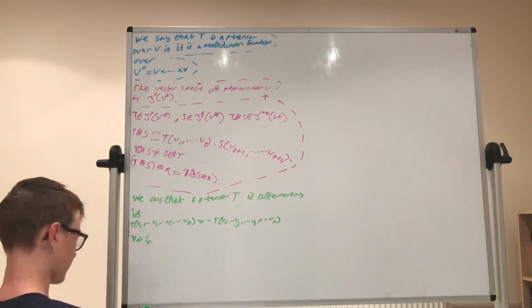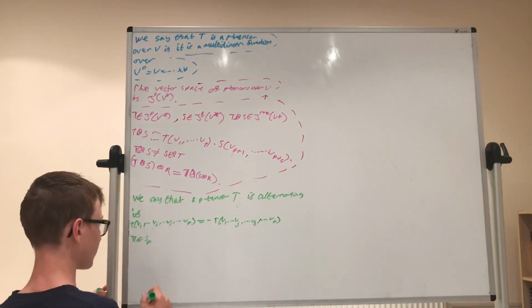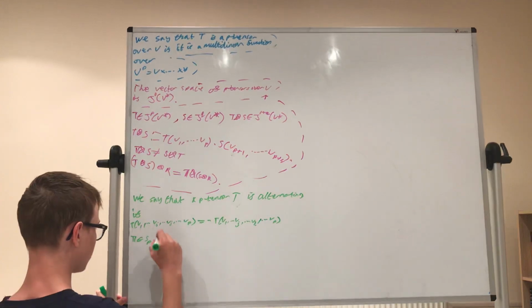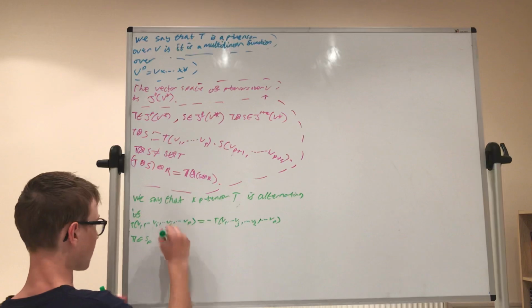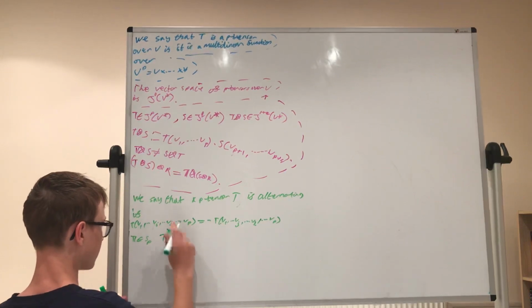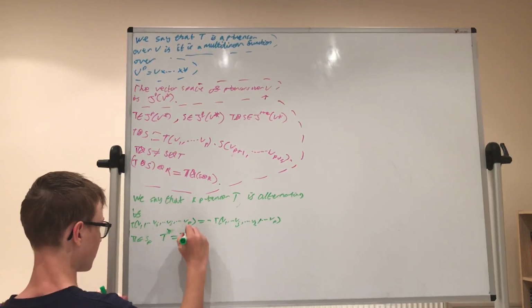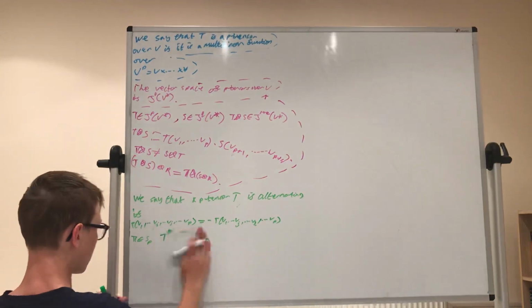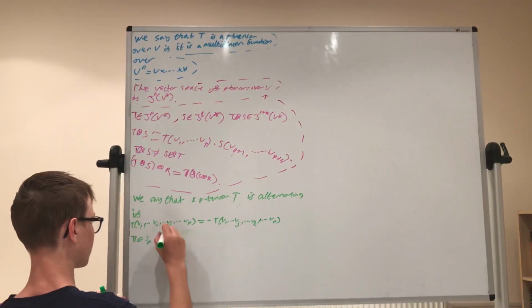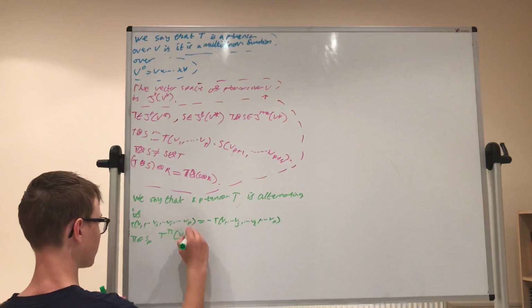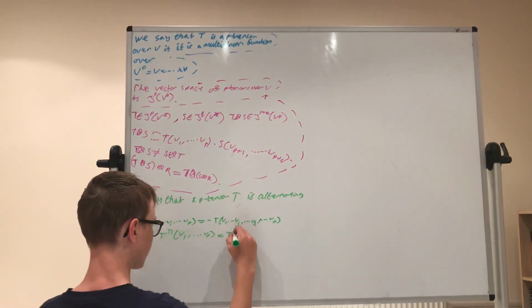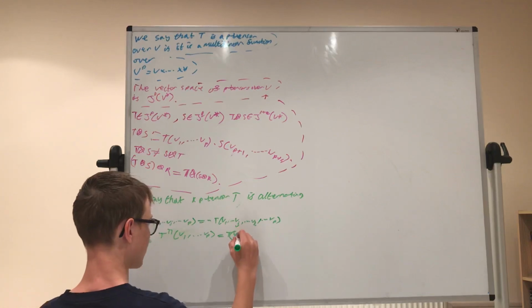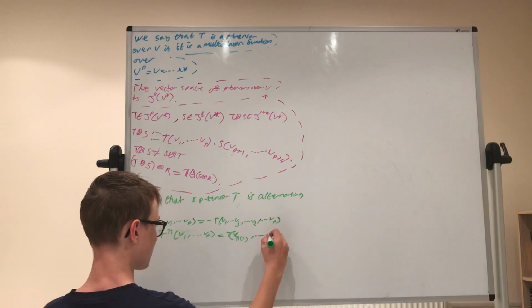Then we say that T to the pi, applied to v1 up until vp, is equal to T of v sub the first permutation, up until v sub the pth permutation.